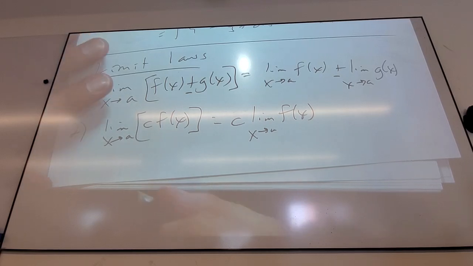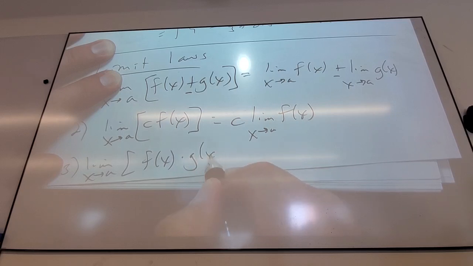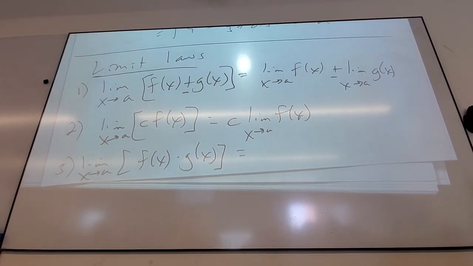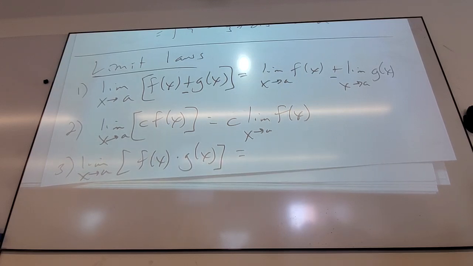What do you guys think about this? First off, what does that mean? Oh, multiplication. I like it.